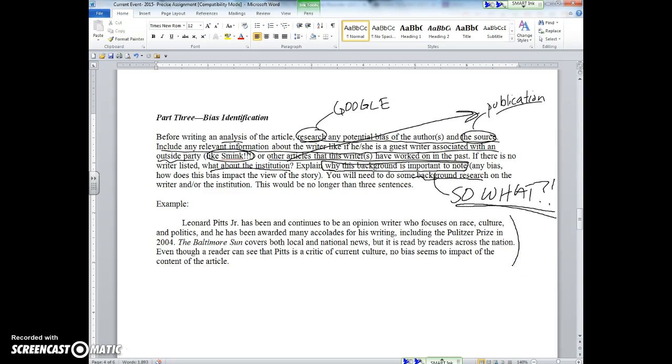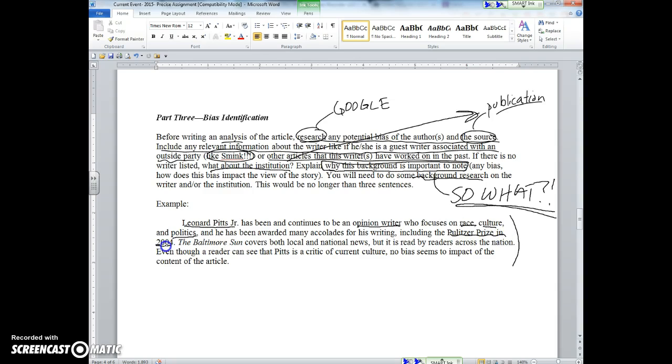And here's an example, and notice how this example identifies the author. Leonard Pitts Jr. has been and continues to be an opinion writer, so I've identified what his role is, and the opinion writer focuses on race, culture, and politics. So that's generally what he writes about, and he has been awarded many accolades for his writing, including the Pulitzer Prize in 2004. Wow.